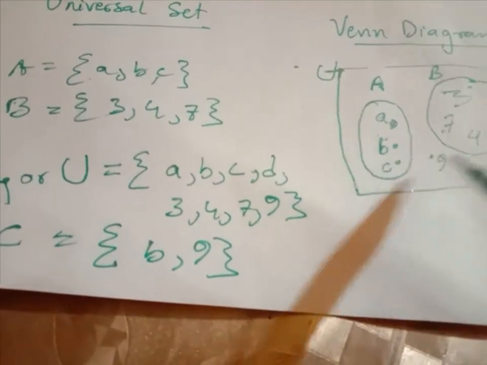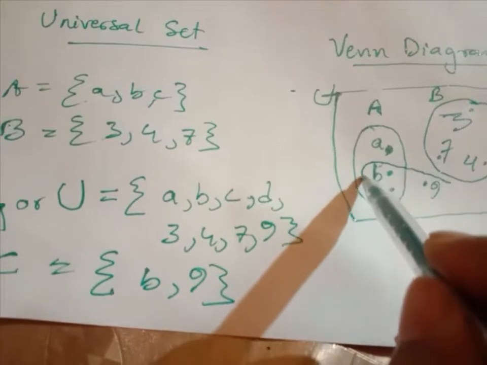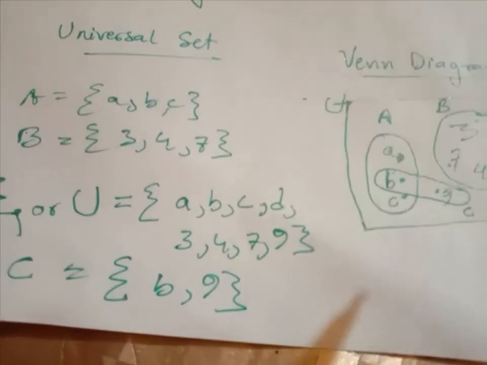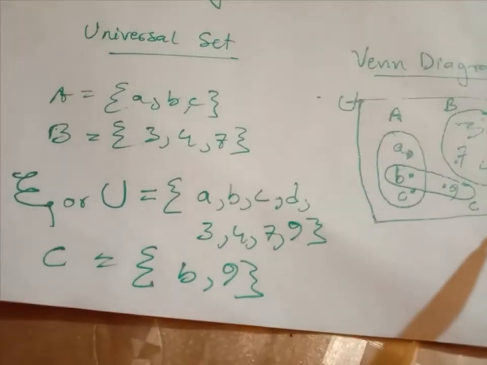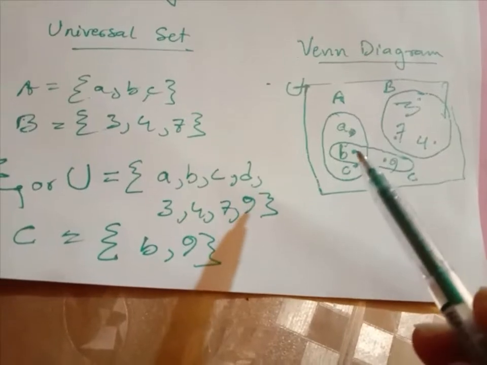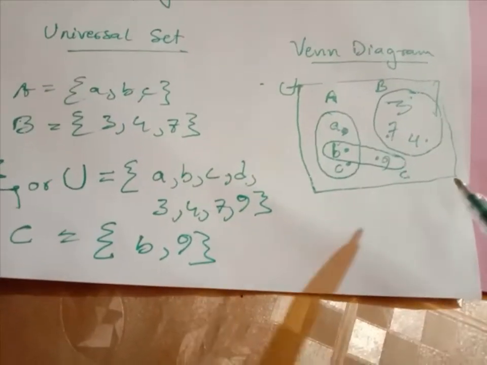Let us say 9 is here, and if we draw it like this, then this is the set C. Now what is the other element remaining of U? A is here, B is here, C is here, D is not here.